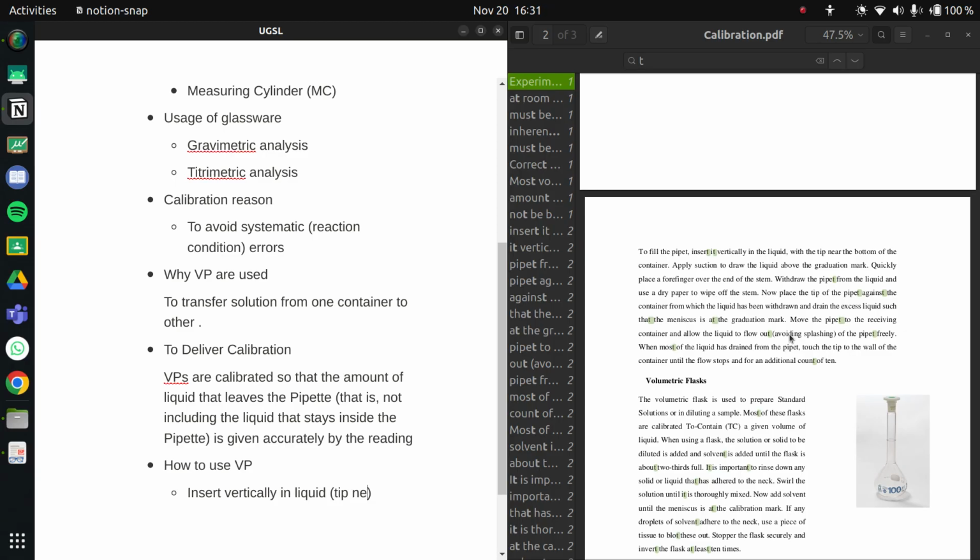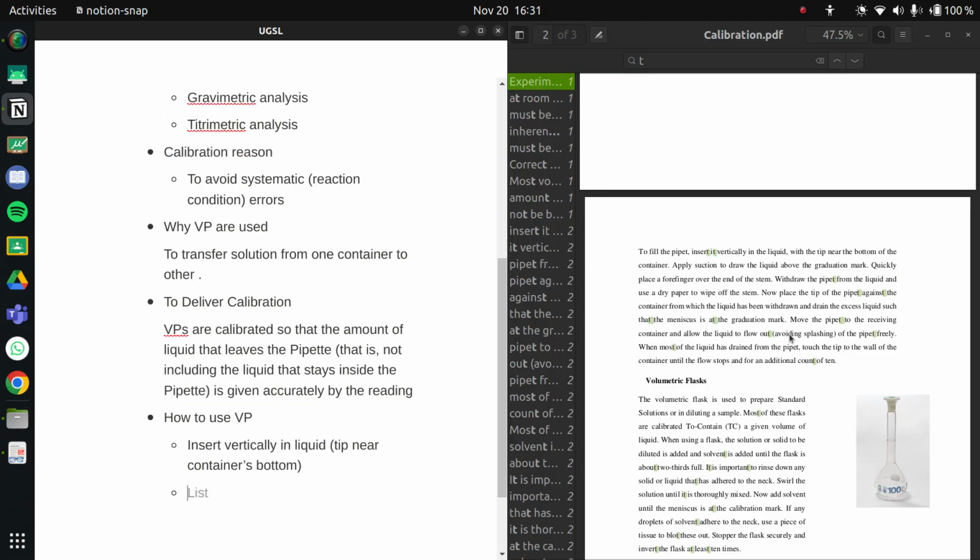Apply suction to draw the liquid above the graduation mark, okay. Suck a little more, and then suck a little more than the graduation mark.